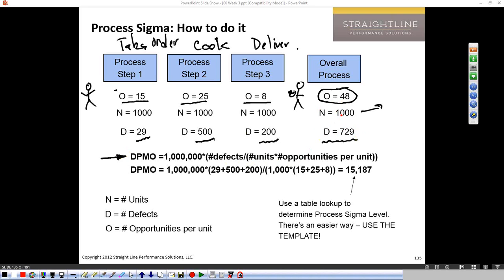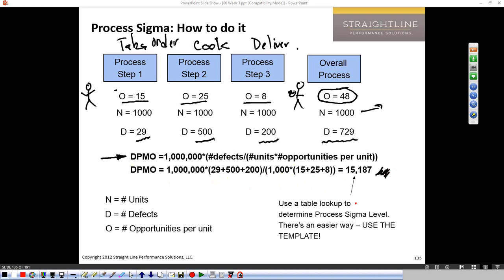That's really just these opportunities multiplied by, in this case, 1,000 pizzas. So it's 1,000 times 48, so 48,000. We take the total number of defects, divide by 48,000, multiply by 1,000,000, and that tells me the defects per million opportunities. So if I sold 1,000,000 pizzas, I would have made 15,000 defects on that.